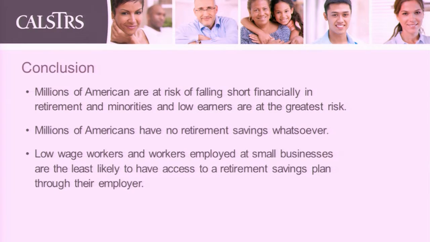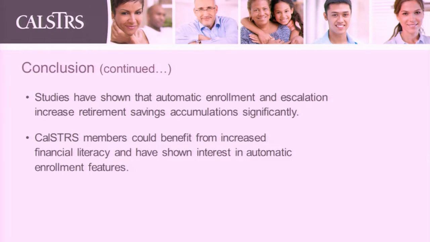Low-wage workers and the workers employed at small businesses have the lowest access to employer-sponsored plans. Auto features tend to produce better retirement preparedness outcomes for folks. And we are always looking at ways to increase member awareness, and we're looking at addressing the interest in automatic enrollment.